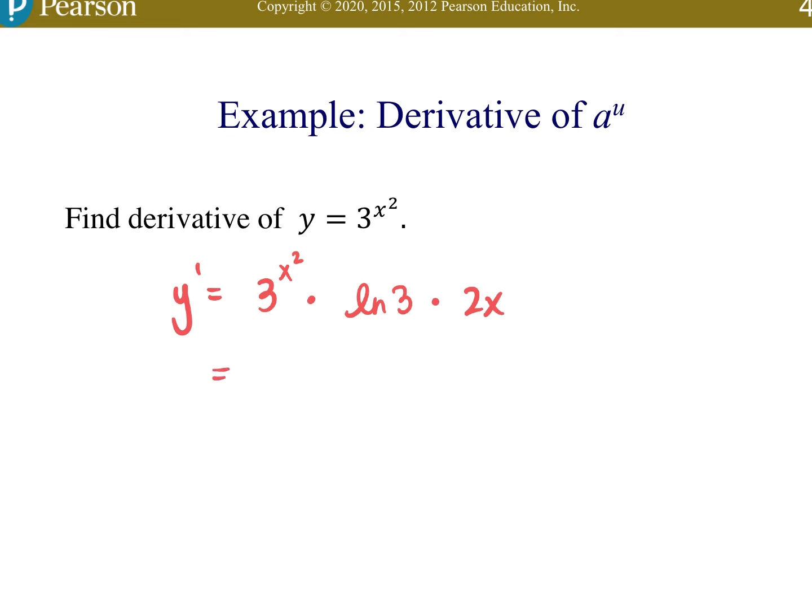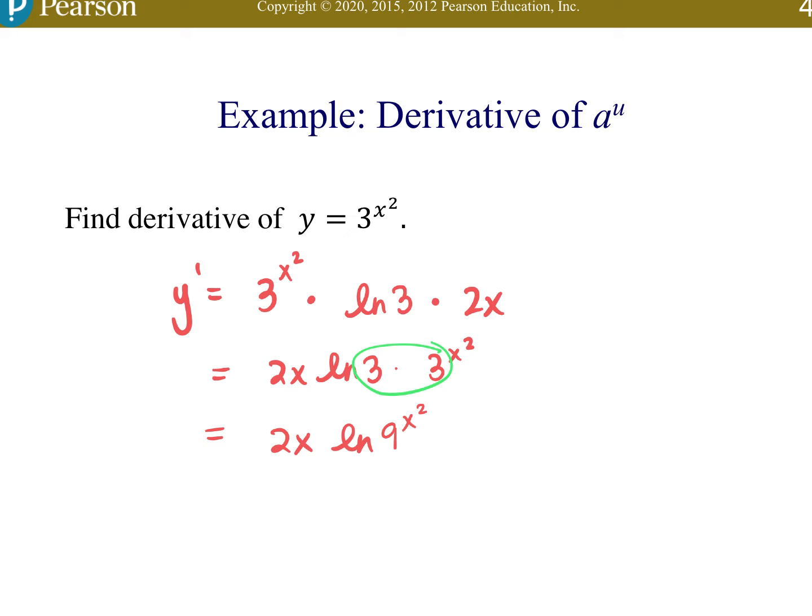Now, there's nothing else I can do to simplify that other than maybe rearrange. Most often you'll see the 2x in the front, and you'd see the natural log 3 next. And then you would see the 3 to the x squared tacked on the end. A lot of times the natural log of 3 is put in parentheses to protect it from getting incorrectly attached to the 3 to the x squared. Let me show you what happens sometimes if people get in a hurry and make careless mistakes. I might see this as an answer: the natural log of 9 to the x squared. People see 3 times 3 and think they're supposed to multiply those two together.